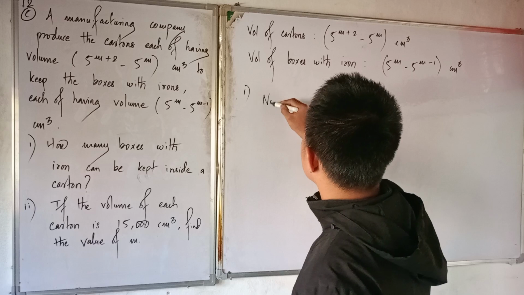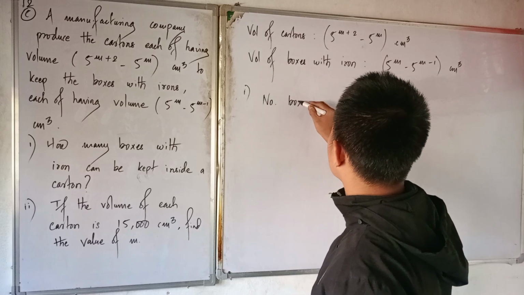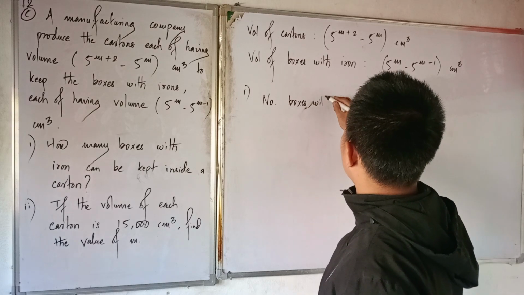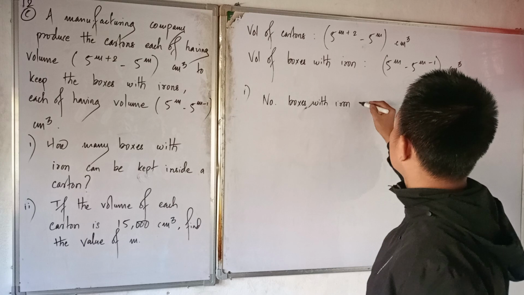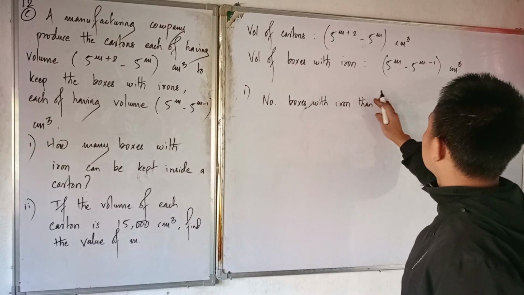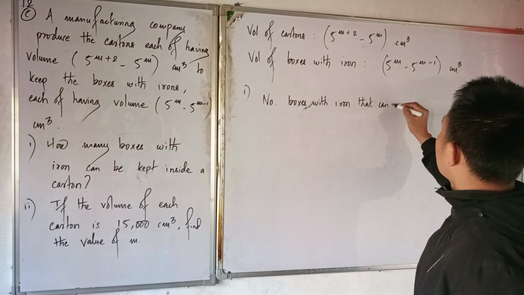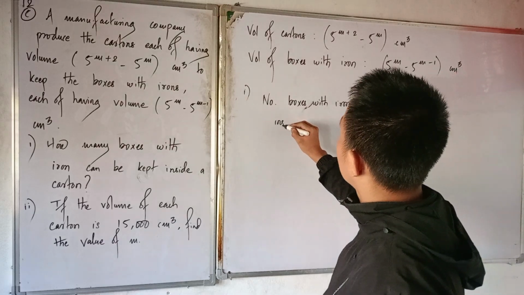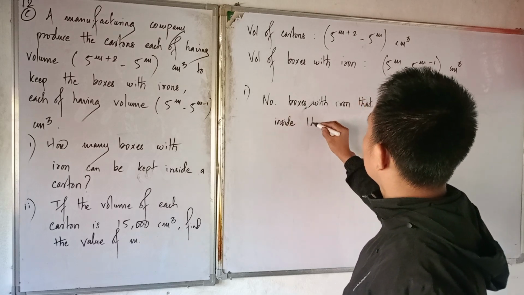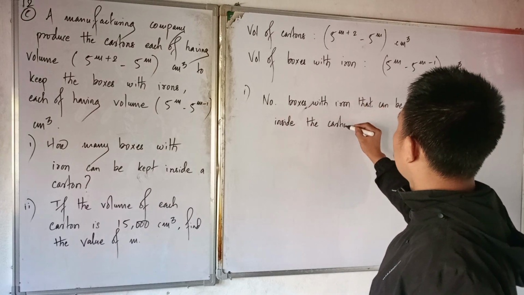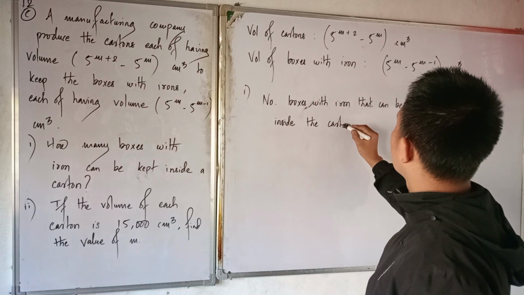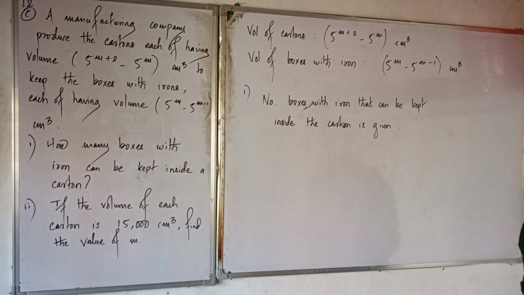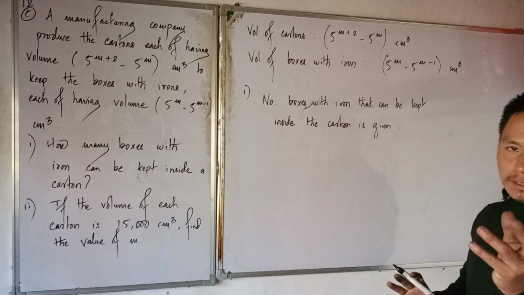Now number of boxes with iron that can be kept inside the carton is given by a big volume divided by small volume.